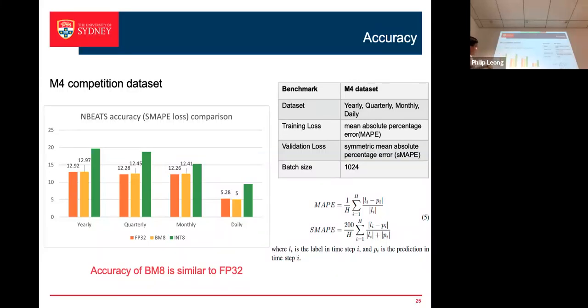For this score, the smaller value is better. INT8 we get this green one. And so the accuracy of 8-bit block Minifloat is similar to 32-bit floating point.